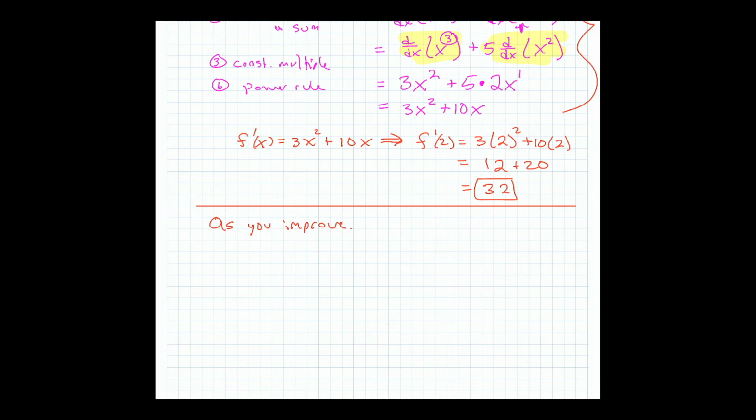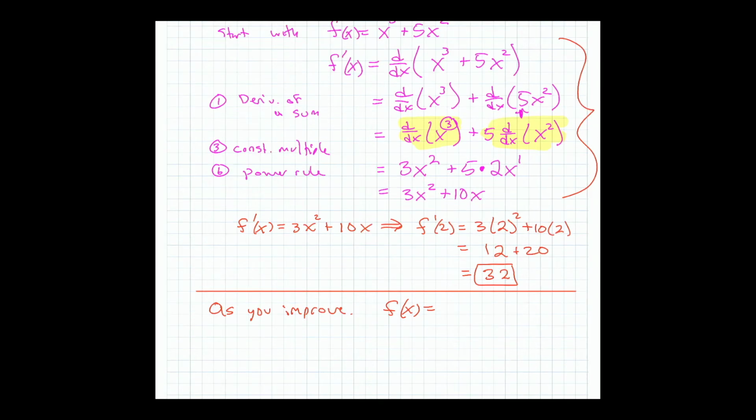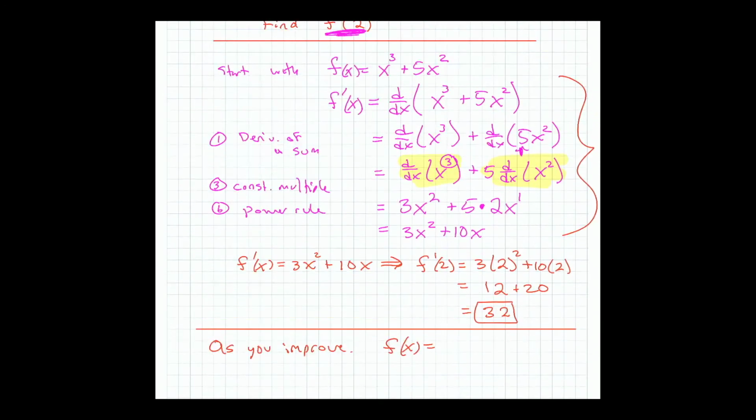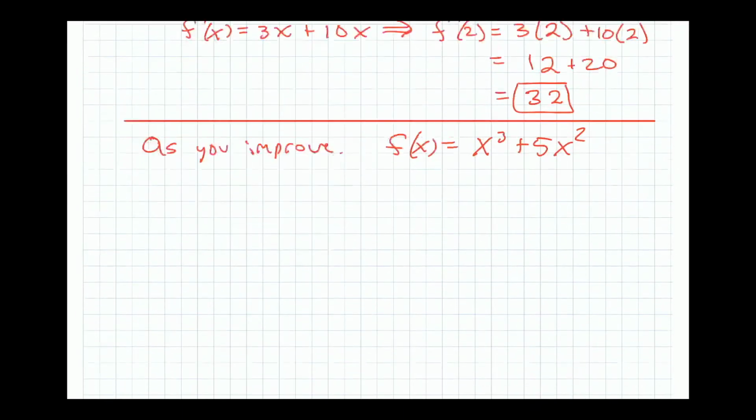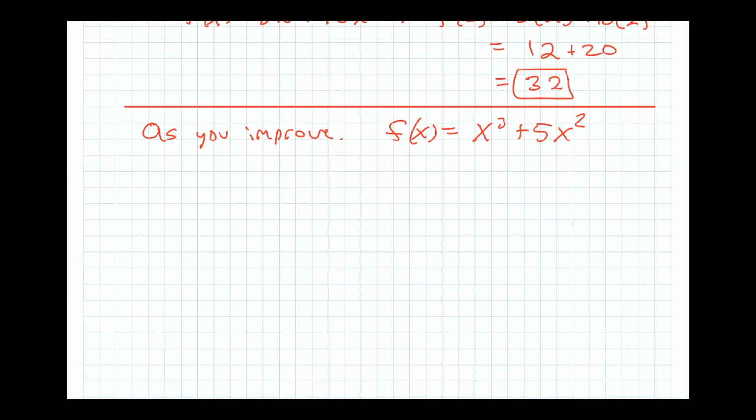F of x is, what was the original? X cubed plus 5x squared. Here's what your work should look like. There's your first line. Your second line, you know that you can take the derivatives of each of these separately.